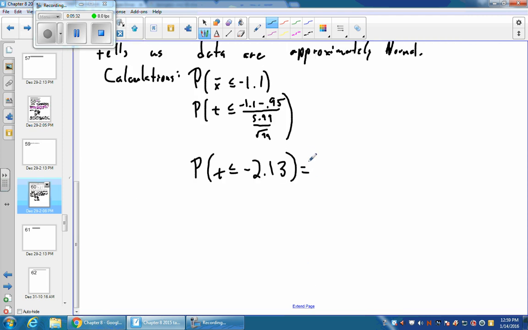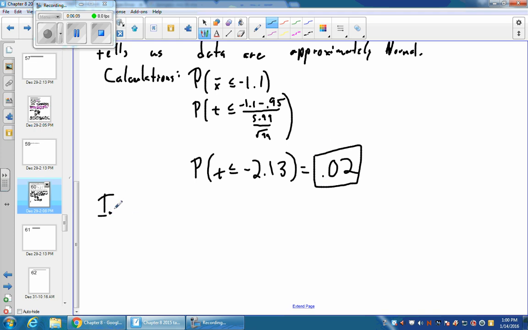Now to find that probability, we're going to do a t-CDF from negative infinity all the way up to that value with degrees of freedom of 38. And our value is 0.019, so 0.02 is close enough.